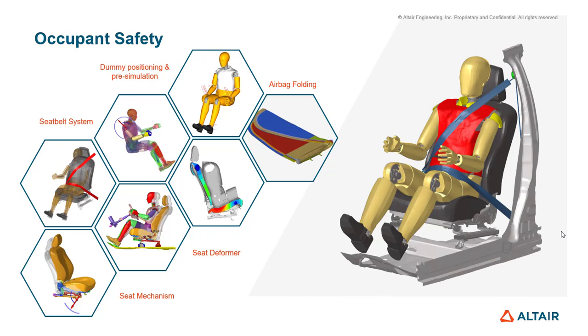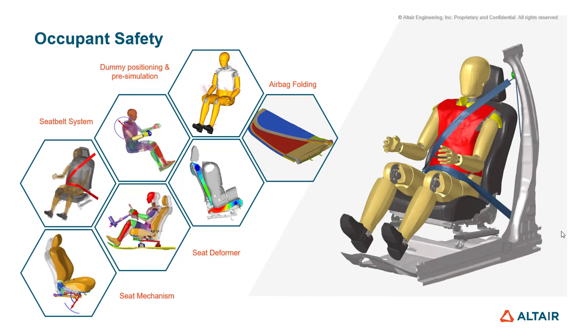Dummy pre-simulation can be done in the dummy browser tool itself, where you right click on the dummy header and go to dummy pre-simulation, where you will define the required parameters for the simulation, and it is going to export the input deck with respect to any solver like Radioss, LS-DYNA or PAM-CRASH.